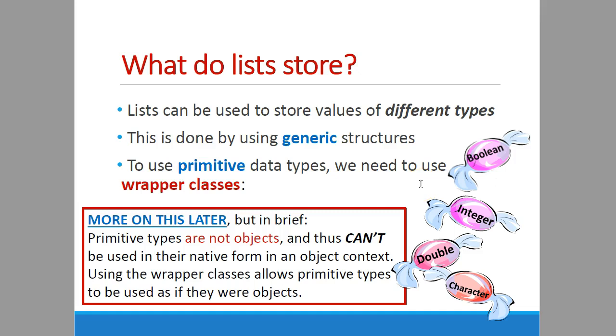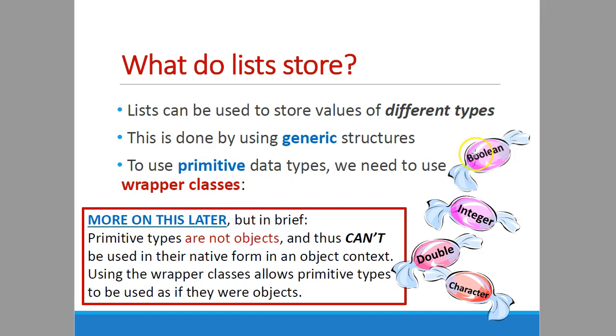We just talked about parameterization, and anytime you provide one of those parameterizations like string, you need to use an actual class. There are primitive types that Java has, which we learned about in 142, like int with a lowercase i, a double with a lowercase d, and a char. Those are the primitive types, okay? But because in the parameterization we need to use a full class, we have to use what are called wrapper classes.